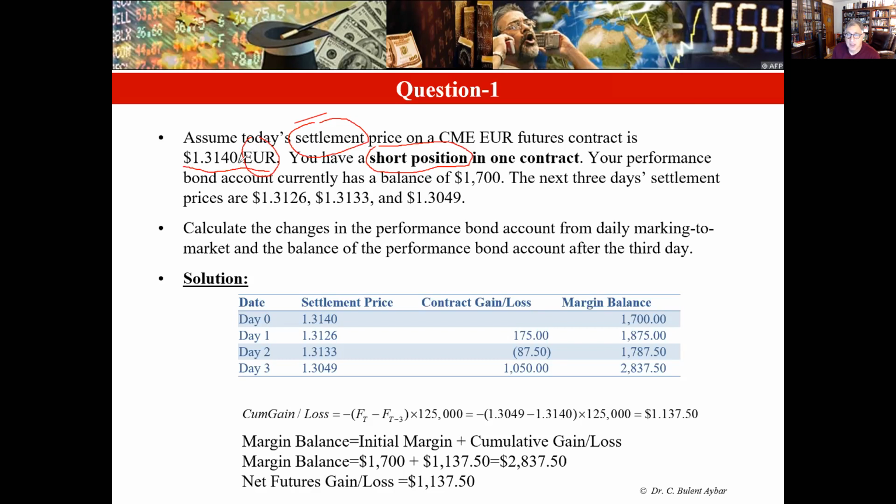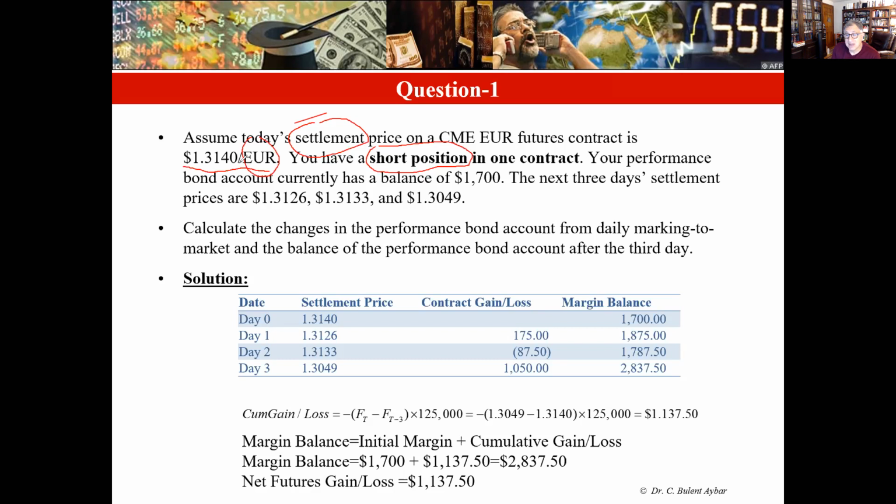If your contract price going into that day was lower than 131.40, since the contract price went up, as a short contract owner, or seller of the futures contract, you would lose money, and some money is going to be taken out of your account.